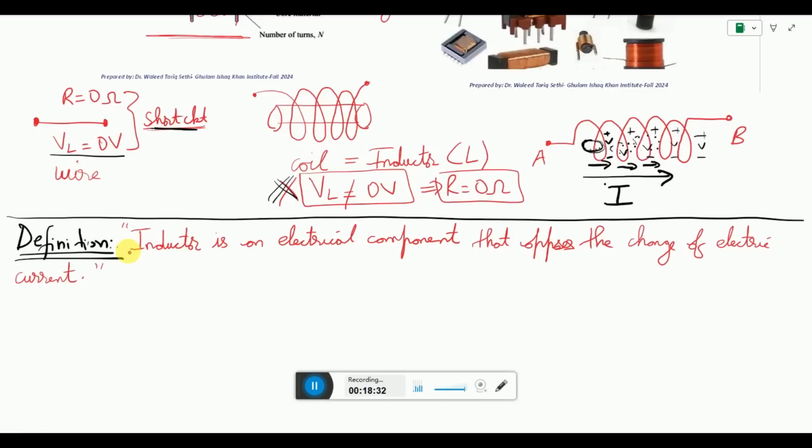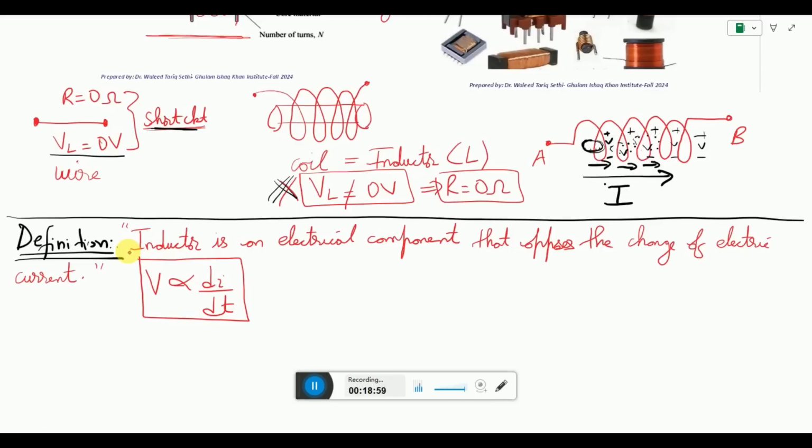Mathematically, what the inductor is doing is inducing a voltage. We can write it such that the induced voltage is directly proportional to the change of current. Remember, this induced voltage is only produced when we have a changing current. If there is a direct current, there is going to be no voltage, and we are going to look into that.